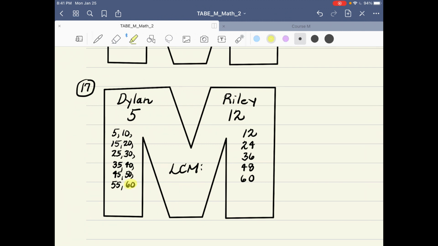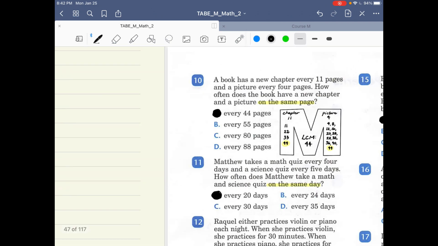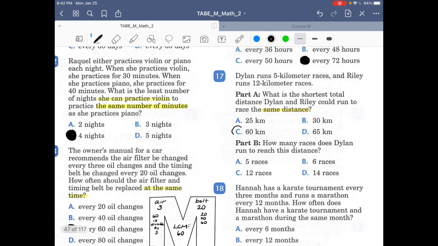You wouldn't have to write all those out if you know that 60 works. So at 60 kilometers, they will have run the same distance. And I would go with C for that one, 17, part A.